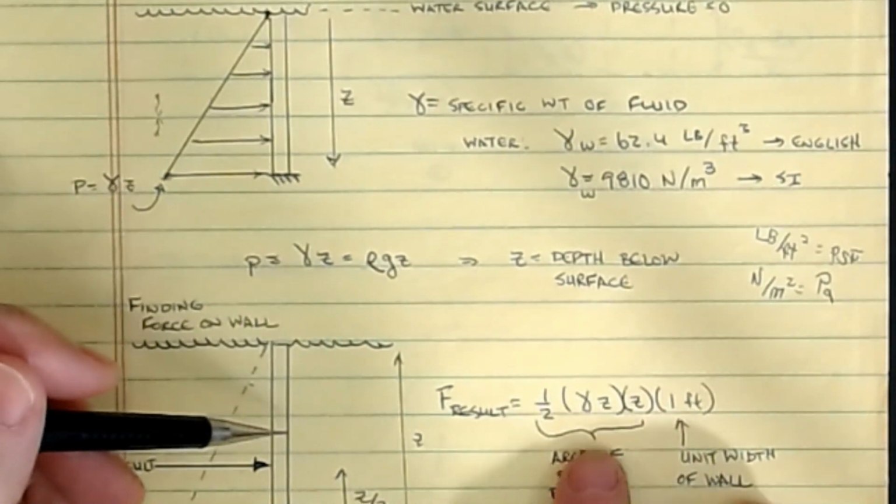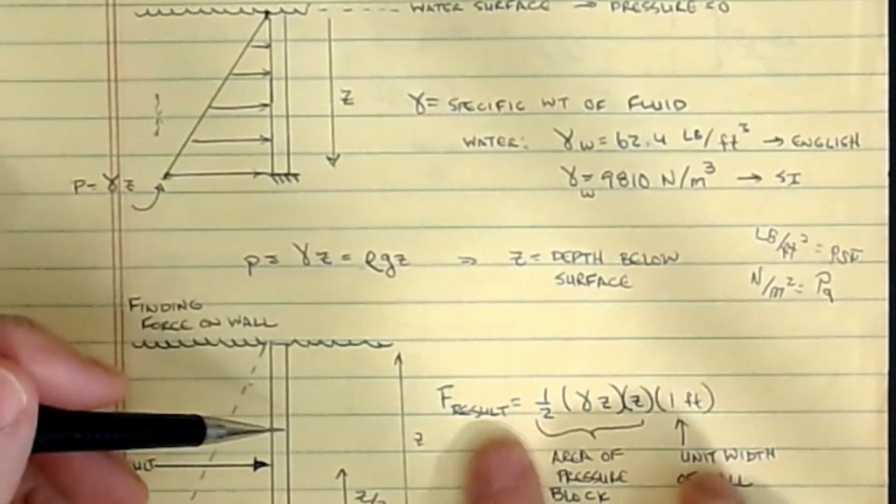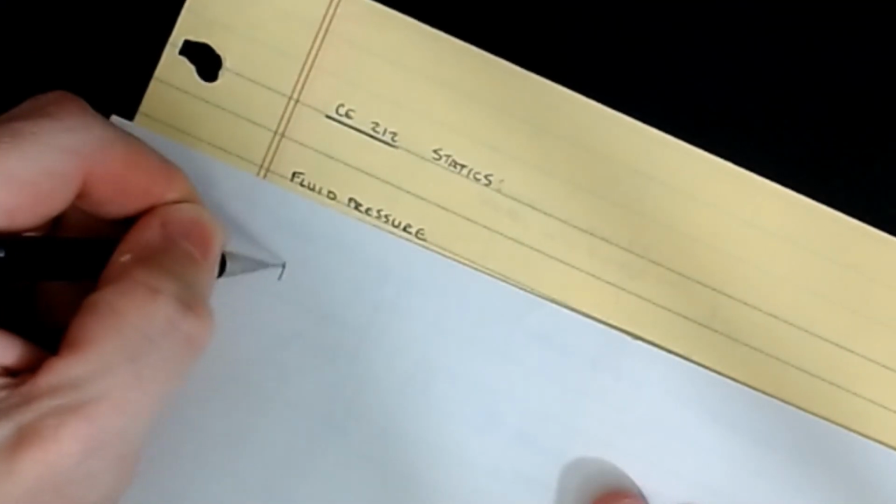Now, one thing we have to watch is our units, because here's what's happening. If we calculate our force resultant as 1/2 gamma z squared, gamma is, let's do it in pounds, pounds per cubic foot, and then I have a foot for z, and I have 2 of those.